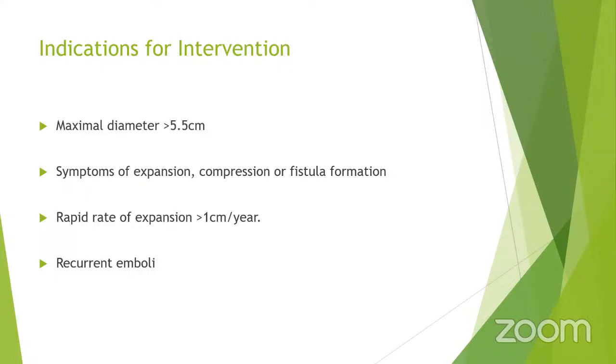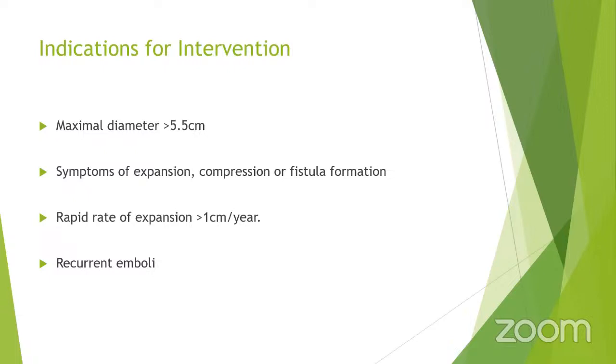The risk of rupture increases as the size of the aneurysm increases: 0.3% per year for aneurysms that are less than 5 centimeters, 4 to 5 centimeters, compared to a 3.6% chance of rupture per year for aneurysms that are more than 5.5 centimeters. So definitely a diameter of more than 5.5 centimeters is an indication for intervention.